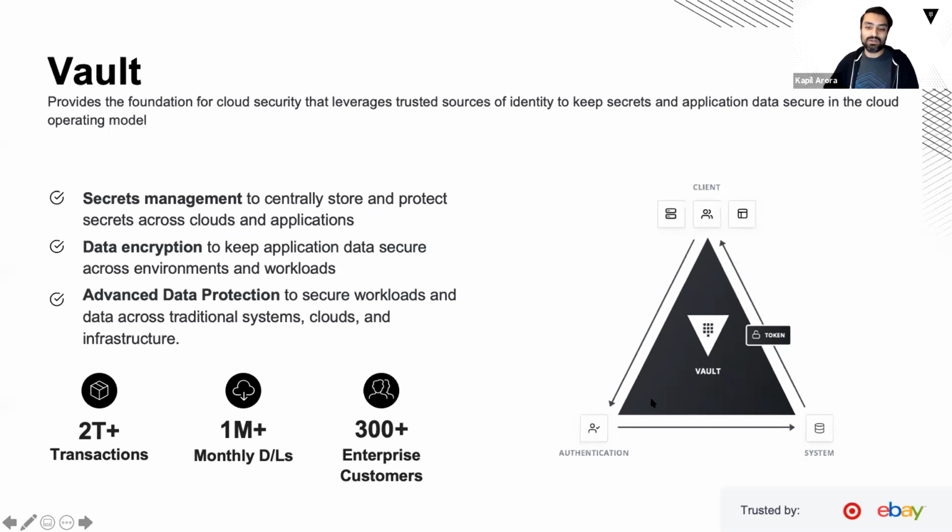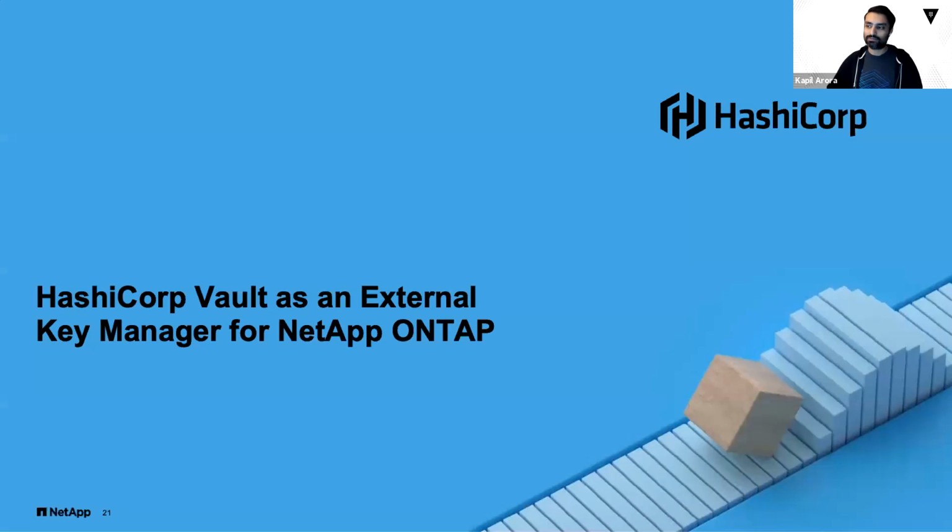Then depending on the policy, the authorization, it will get access to a secret. After authentication, the client gets a token, and because the client has a policy which gives access to a system, the client is able to access this system or secrets. That's how the basic workflow works in Vault.